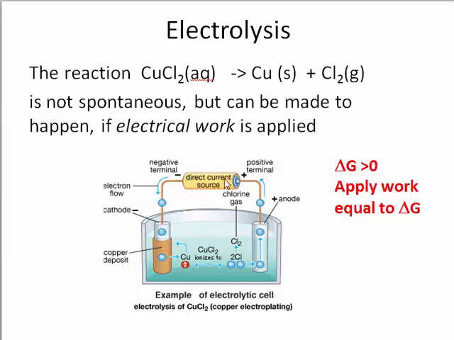This is accomplished by the power supply, which is supplying the necessary voltage to make this occur. So again, electrons are flowing from the anode to the cathode as a result of the application of work, in this case an electrical voltage from an outside source.